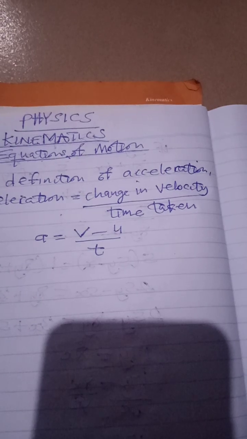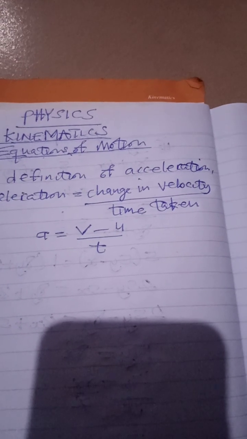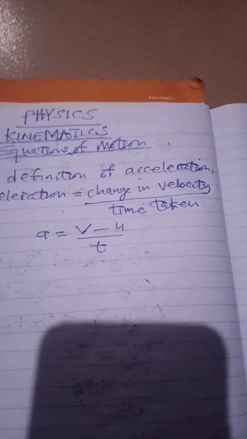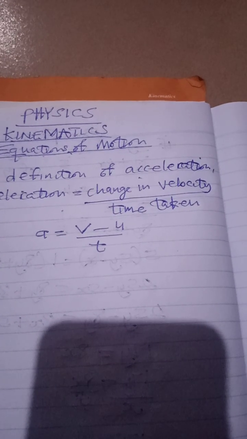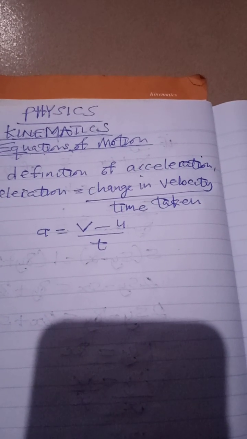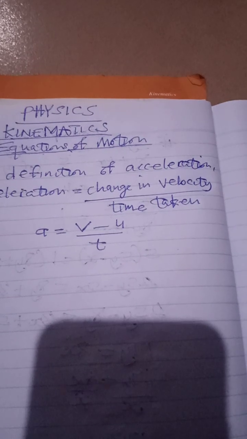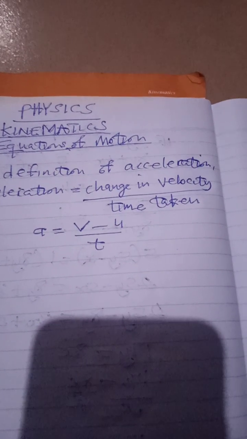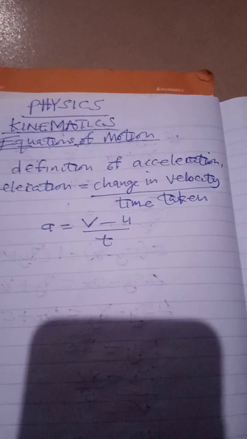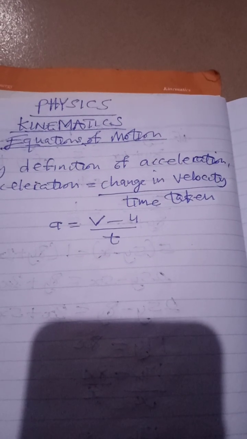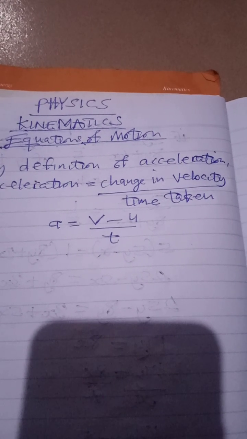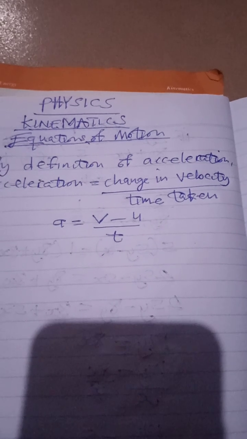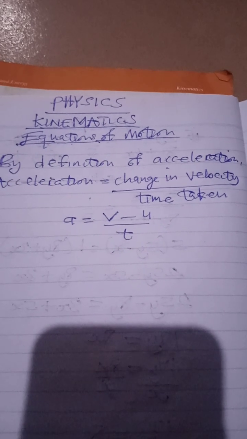When the car is at the station, it is stationary, so its velocity, the initial velocity, is 0 meters per second. Then when the car is moving, that is the final velocity. So the initial velocity is where it started and the final velocity is where it ended.